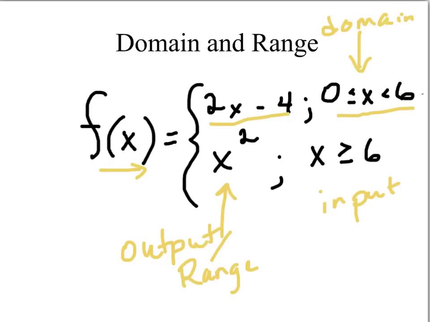So all the way up to 5.9999 and so on, it's going to read from this first part of the function rule. But as soon as it hits 6 and all of the values above 6, it's going to be defined by x squared.